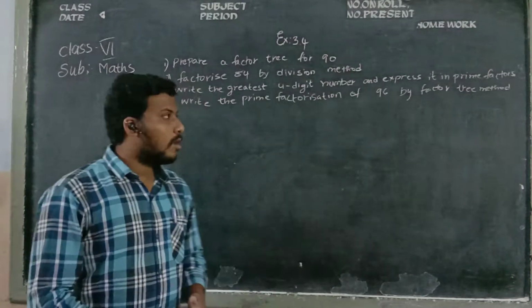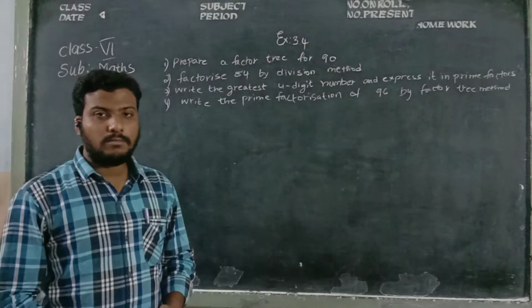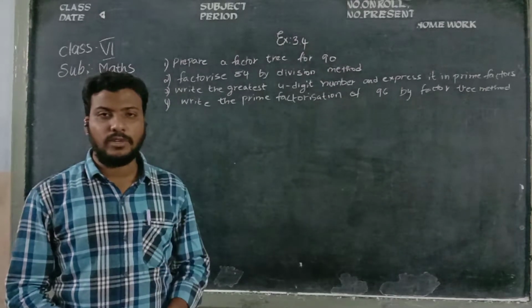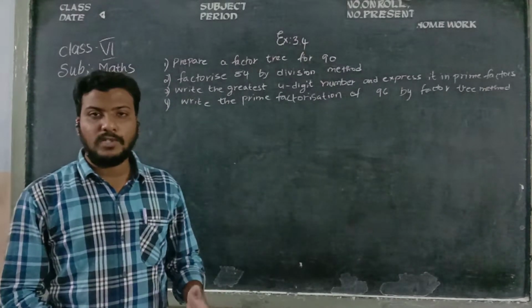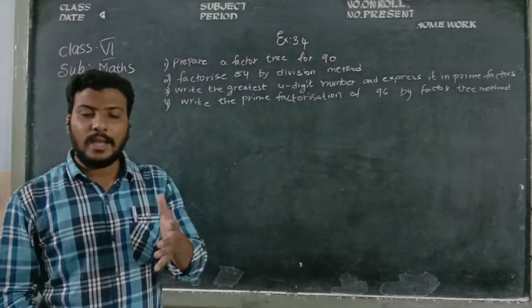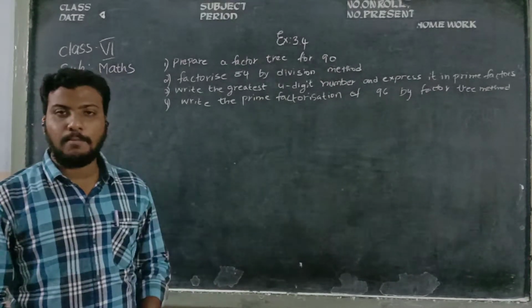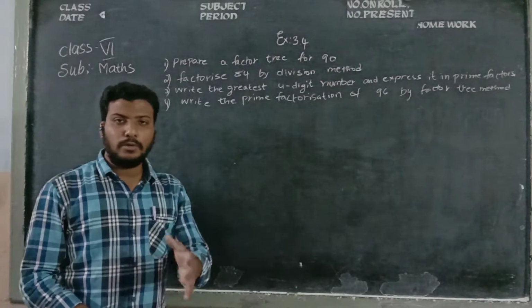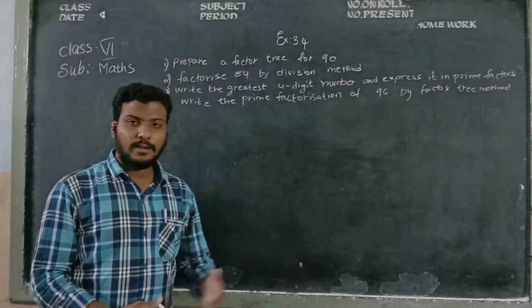So children, exercises 3.1, 3.2, and 3.3 are all about divisibility rules. You can copy. I have already given the PDF notes, so you can practice them. You can understand easily.